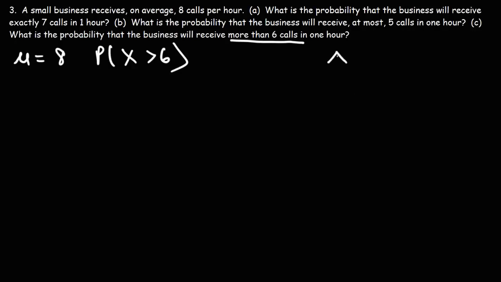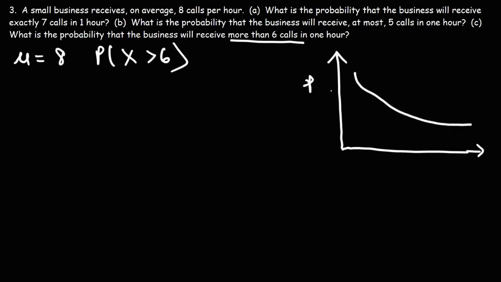Well, let's draw a picture. The Poisson distribution has a graph that is decreasing over time. The probability is on the y-axis. The random variable x is on the x-axis, or the horizontal axis. Now let's say x is 6 at this point.